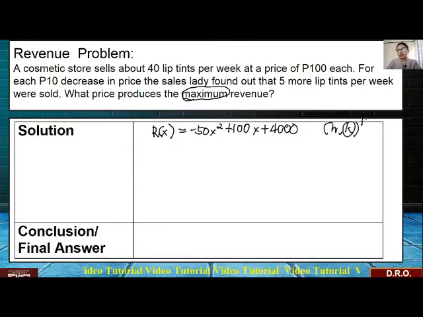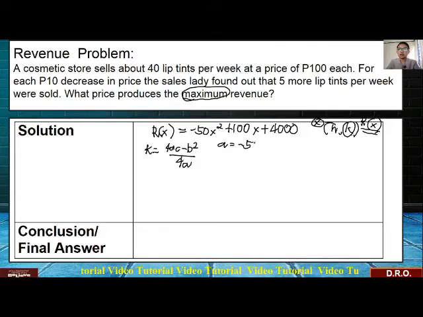The value of k is the R of x, which is our revenue, and h will be the value of x, or the number of times you increase by 5 customers or decrease the price by 10 pesos. For us to solve, let us first solve for the revenue, which is k. Using the formula, k equals 4ac minus b squared all over 4a. Identify the values of a, b, and c. A is negative 50, b equals 100, and c equals 4,000.